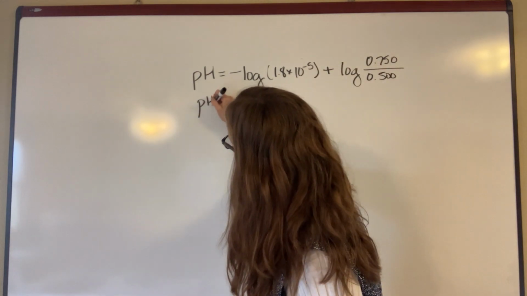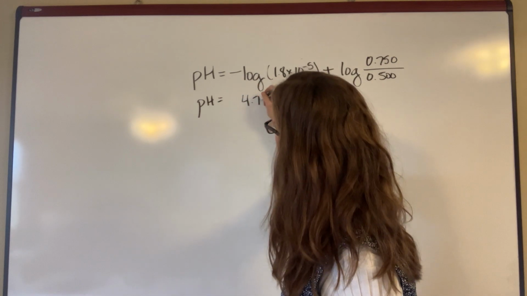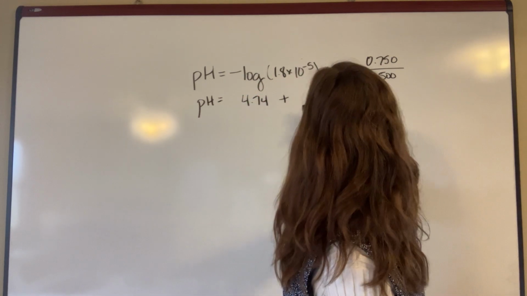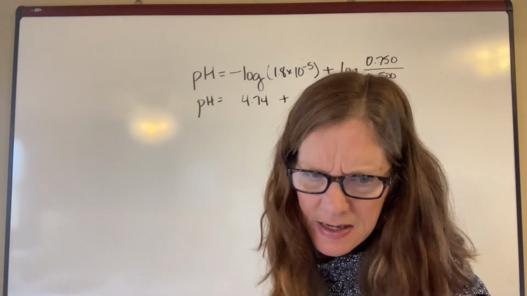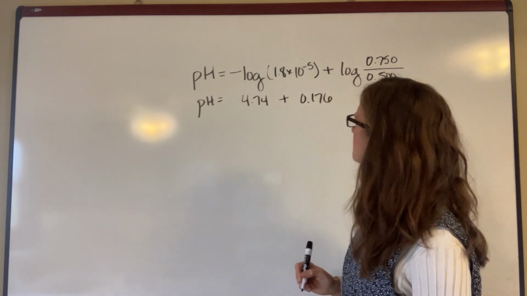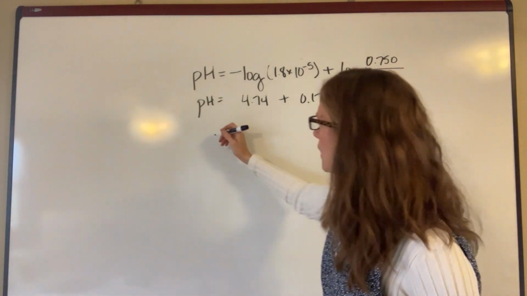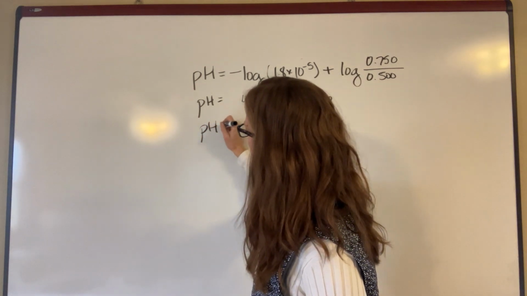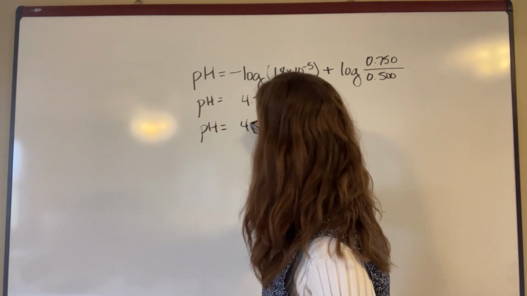The pH is going to be the negative log of this, which gives me 4.74. And then the log of 0.75 divided by 0.5 is 0.176. Okay. So again, when I add this together to find my final pH, it turns out that my pH is 4.92.